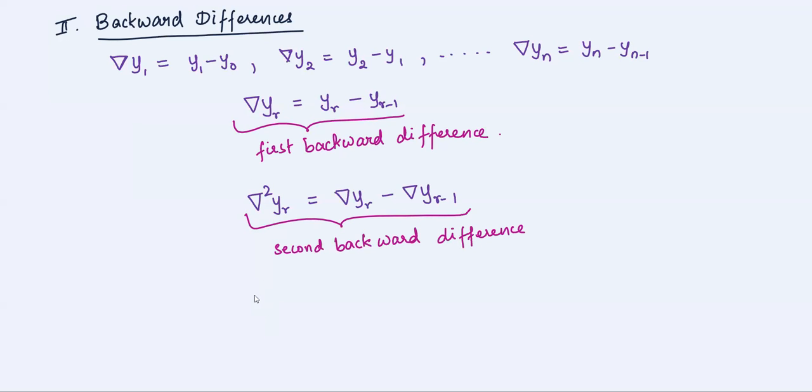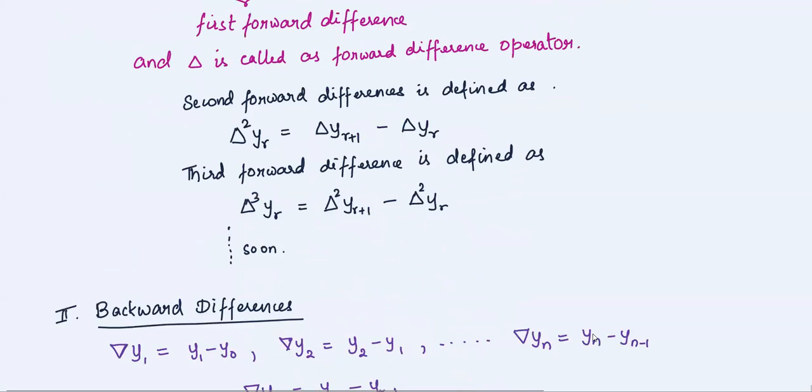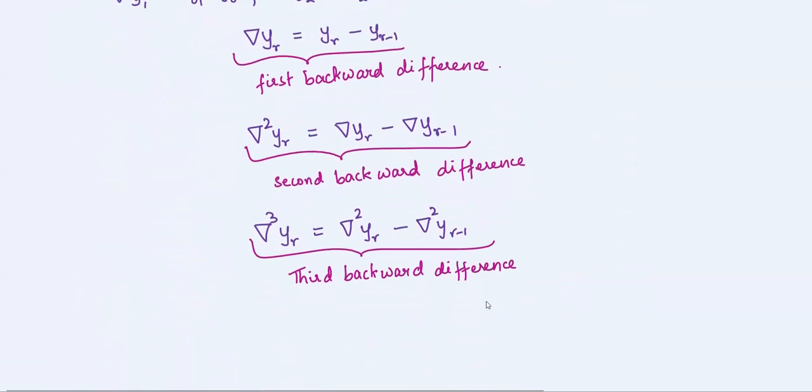And then the third backward difference, nabla cube yr, will be nabla square yr minus nabla square yr minus 1. This is the third backward difference, and so on. It goes like this.